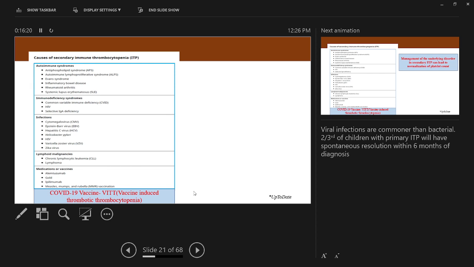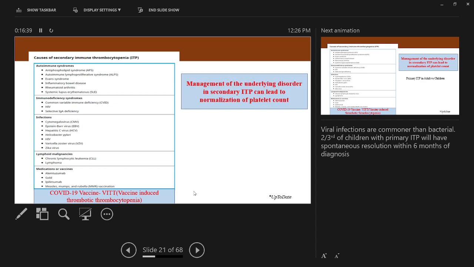The rest are CMV, EBV, H. pylori, VZV, and Zika virus. Lymphoid malignancies such as CLL and lymphoma, and other medications or vaccines. One of the most important things coming up is also the COVID-19 vaccine. There's something called vaccine-induced thrombotic thrombocytopenia, which also leads to thrombocytopenia.